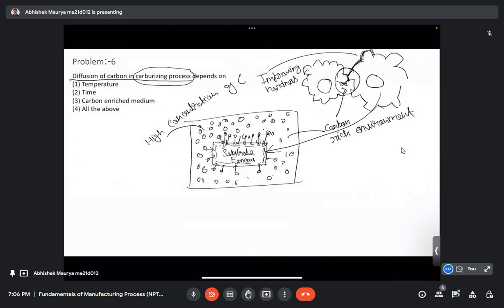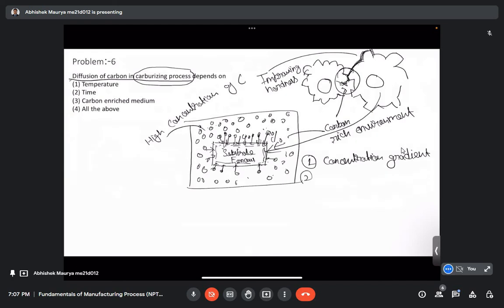So what happens, first we create a concentration gradient. First thing is the concentration gradient is generated by putting the substrate material in a carbon rich atmosphere.